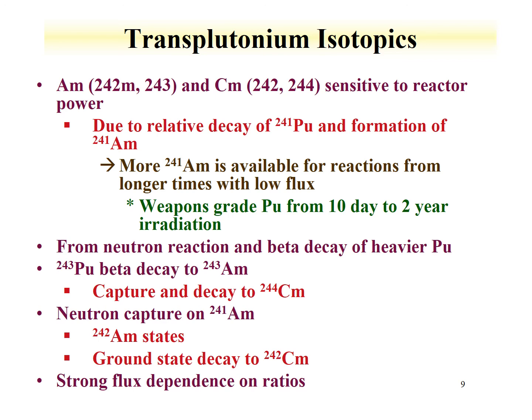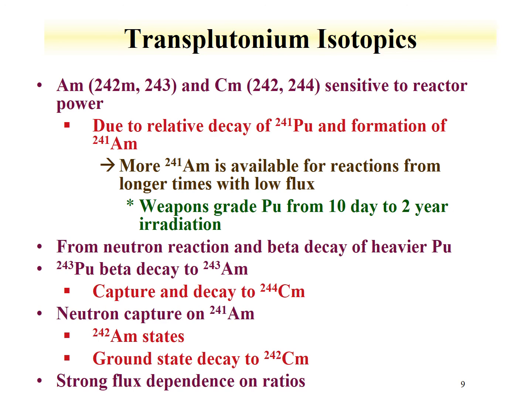So from the neutron reaction and beta decay of heavier plutonium isotopes, we get the plutonium-243 beta decay to americium-243, and onto americium-243 there's neutron capture, americium-244 decaying to curium-244. That'll be one of our signatures.